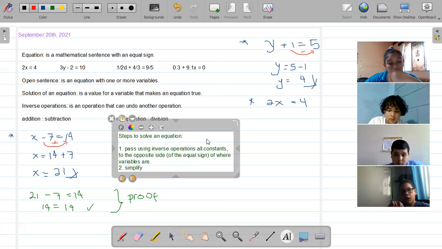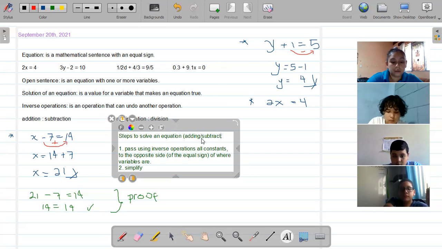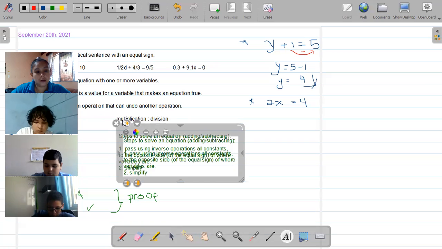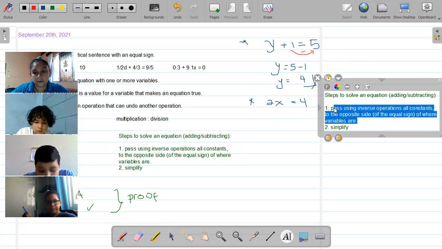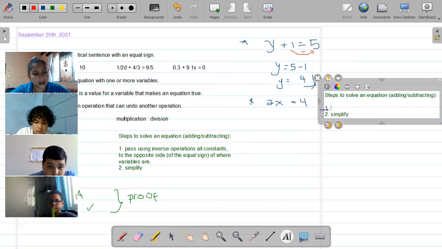We're going to add here, in between the parentheses, adding or subtracting. And I'm going to add a new step, okay? New steps. So I'm going to move this to this side and I'm going to erase this. So step 1, when we are multiplying or dividing. Okay, when we're multiplying or dividing, as you can see, there is no addition.